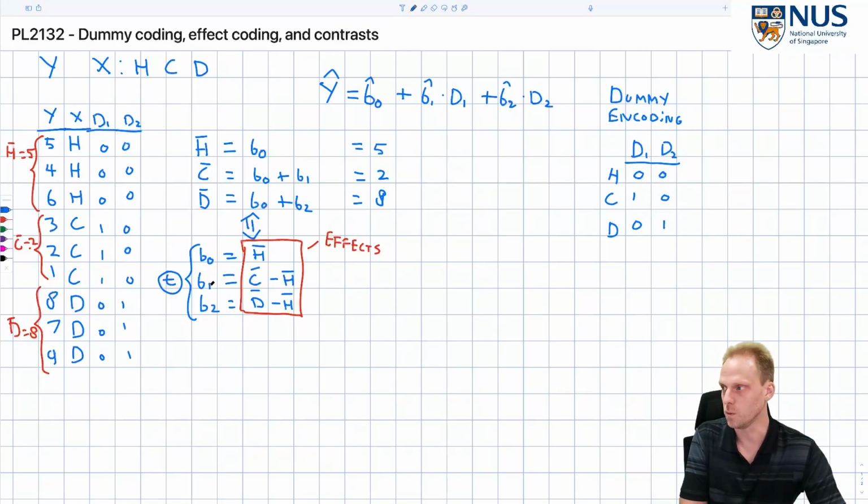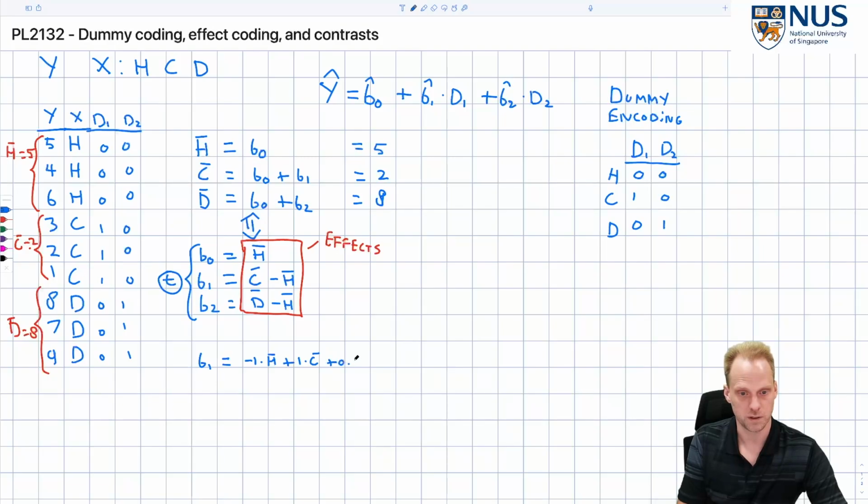We're interested in this B1 and B2, which tell us something about the effects of the groups. Let's say B1 equals 0 times the average of dogs, minus 1 times the average of hamsters, plus 1 times the average of cats.